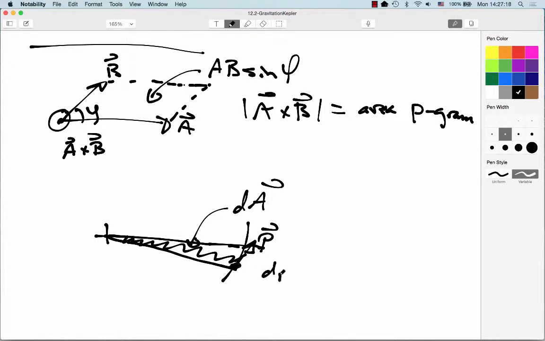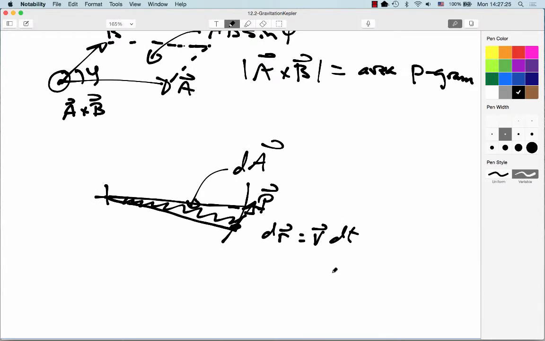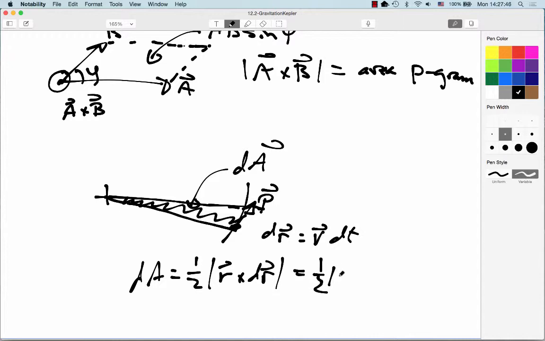Well, my displacement dr is going to be equal to the velocity dt, right? So my swept out area dA will be equal to 1/2 of r crossed with dr. So this length here is dr, pointing in the same direction as p. So this will be 1/2 r cross v dt.